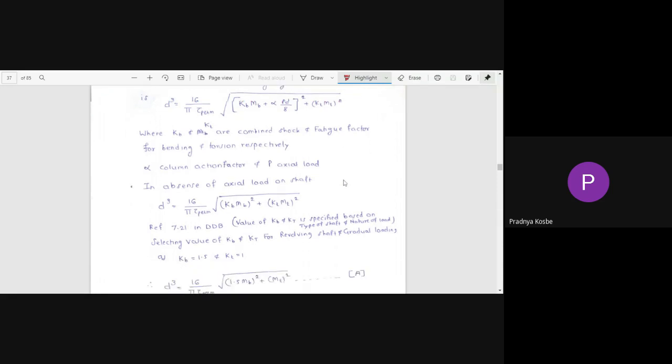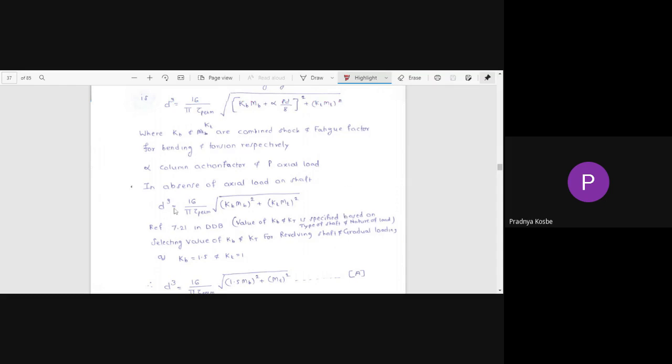Okay, where kb and kt are combined shock and fatigue factors for bending and torsion, alpha is the column action factor and P is the axial load.